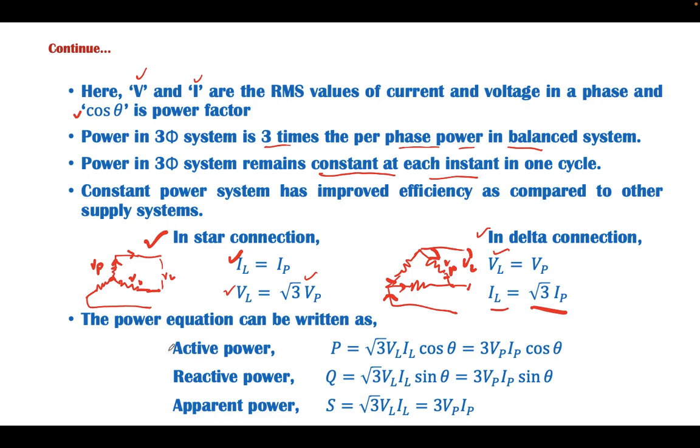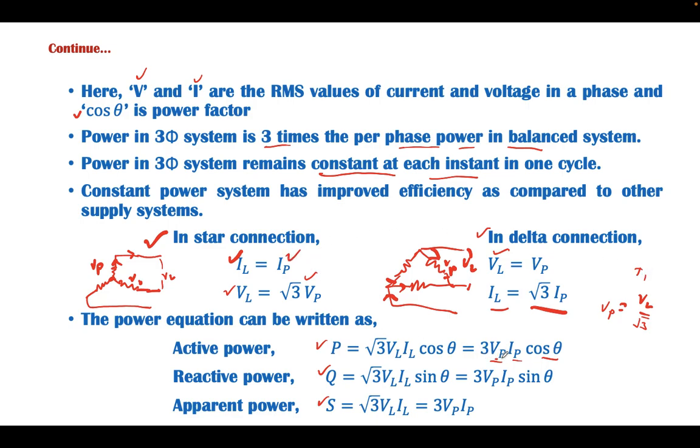As in the case of the single-phase system, there are three powers: active power, reactive power, and apparent power. Active power is given by 3 times Vp Ip cos theta, as we have discussed earlier. As we know, in star connection, Vp is equal to VL by root 3, and Ip is equal to IL.